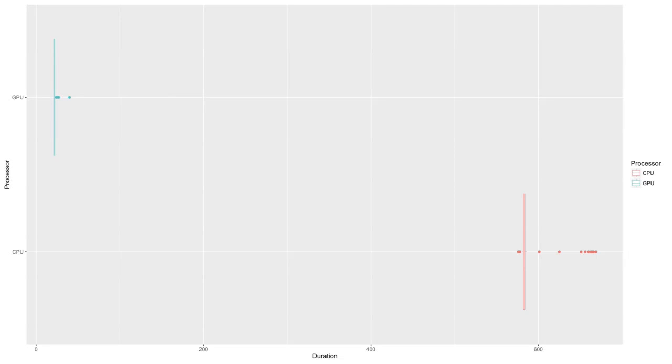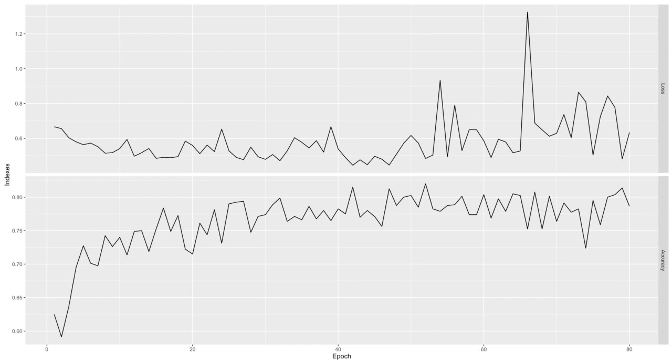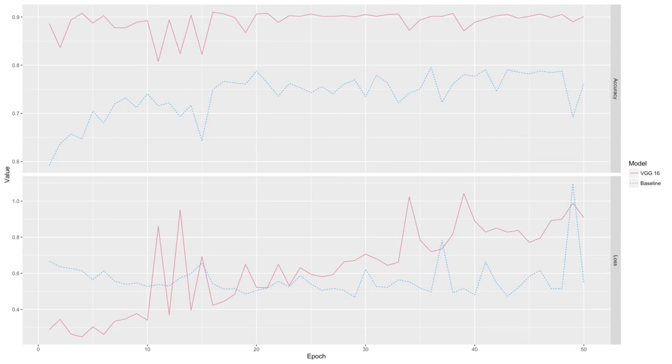When we compare the running time of GPU with CPU, we find GPU significantly reduces computational time. With the increase of epoch number from 50 to 80, we didn't find much improvement. These two graphs indicate that the VGG16 model has great advantage over our baseline model in terms of accuracy.